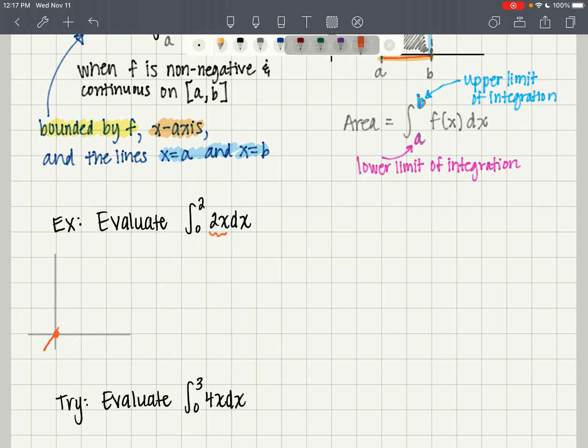Here, let's label our 1, 2, 3, 4. 1, 2, 3, 4. Okay, so y equals 2x has a y-intercept of 0, a slope of 2, so up 2, right 1, up 2, right 1, up 2, right 1.